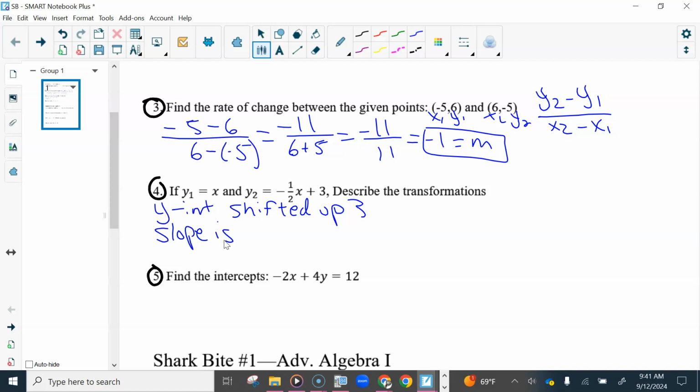Reflective. There we go. And what was the last thing? Did it get steeper? It did not get steeper, but the opposite. Less steep because of the 1/2. Or 1/2 as steep, 1/2 less steep, any combination of those.